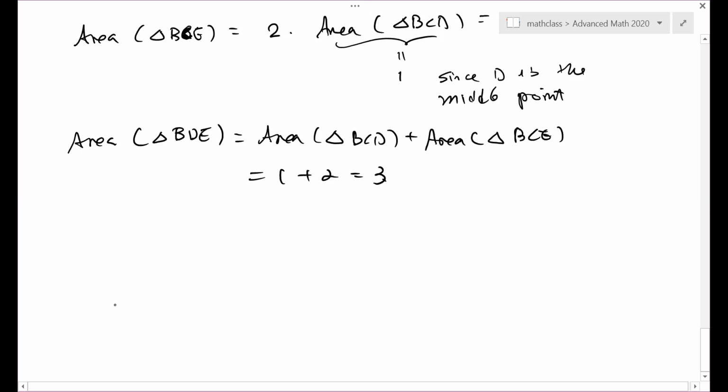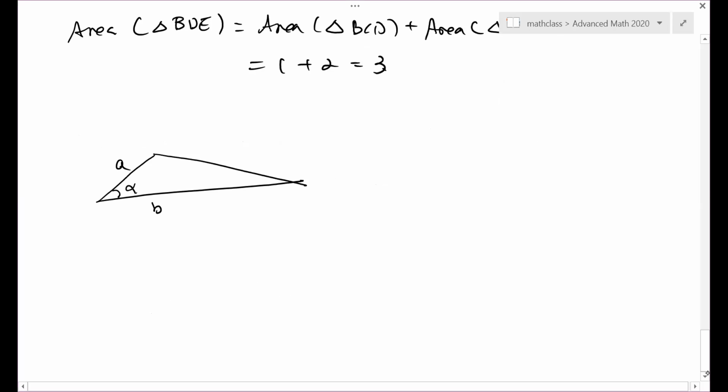We have the following area formula. If this side is A, this is B, and that's angle alpha. So this is A, B, C. Another one could be like that.